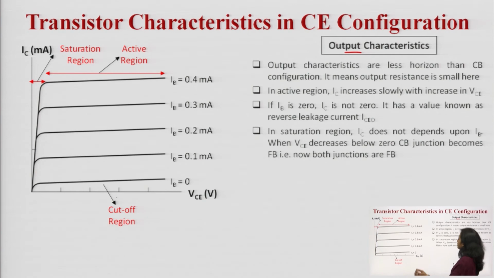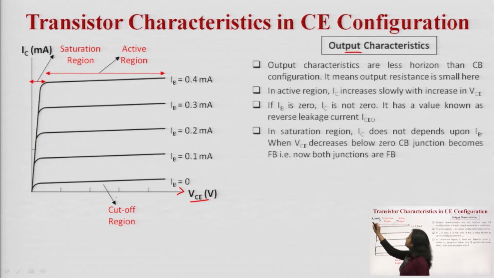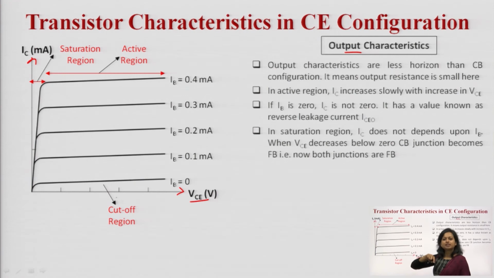Here you can see the curve is in between VCE, which is the output voltage, and the output current IC, which is in milliampere. You can see IB is in microampere, IC is in milliampere. By keeping the input current fixed, for different values of IB, this particular curve is plotted.